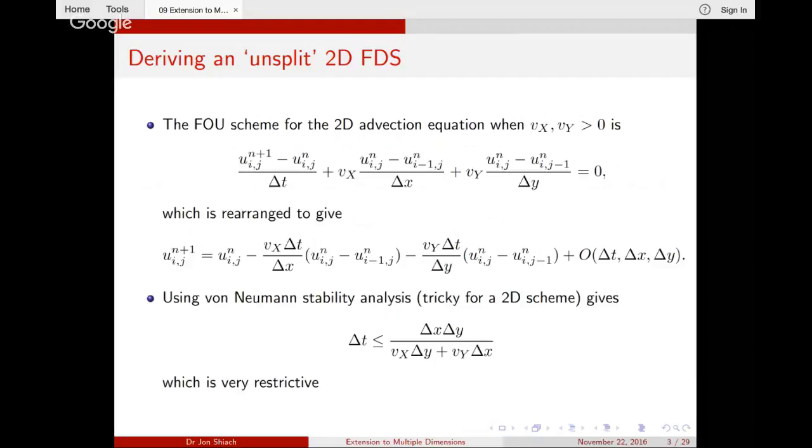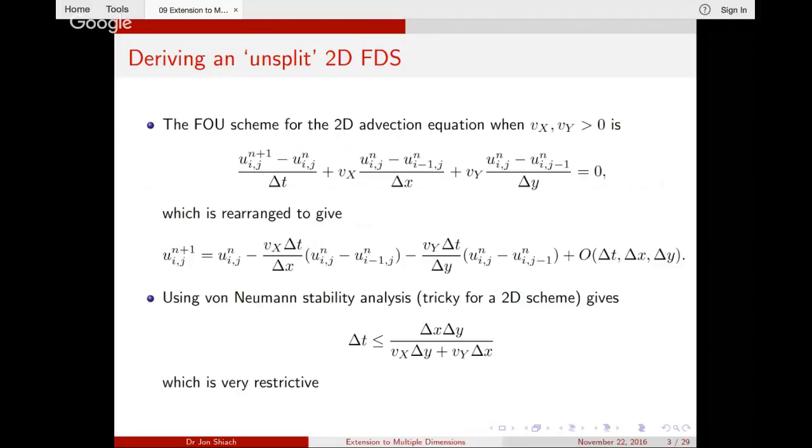Take note that we've got the indices i and j. i is for the x direction, so u i j is our current node, u i minus 1 j is our node to the left, and u i j minus 1 is our node to the south, or just below it. So all we've done there is substitute 3 finite difference approximations in place of our derivatives.